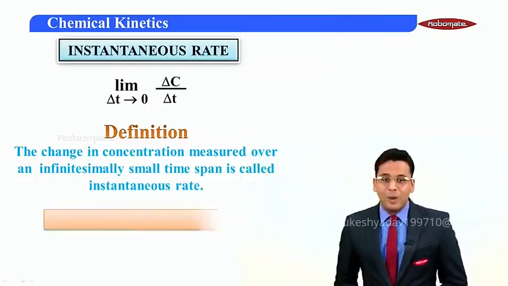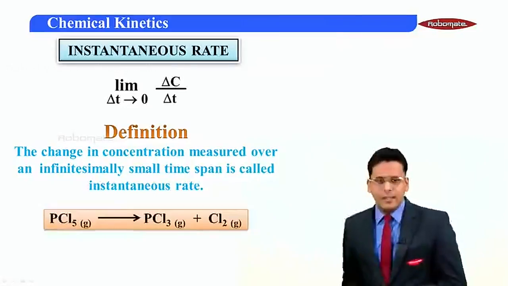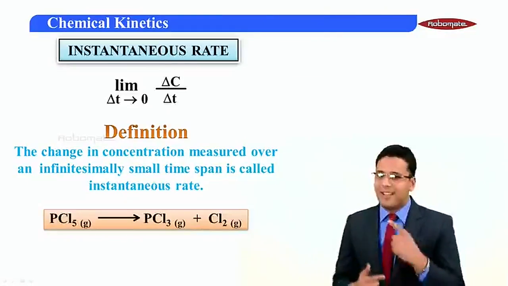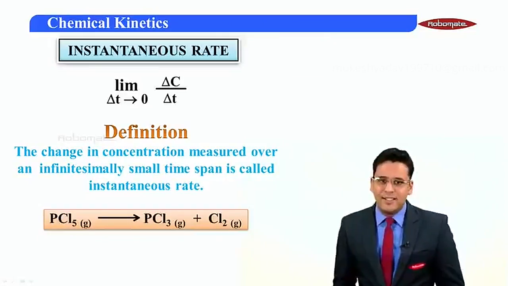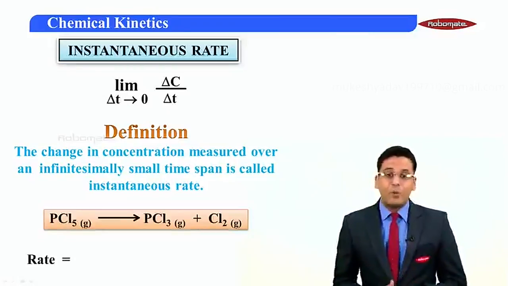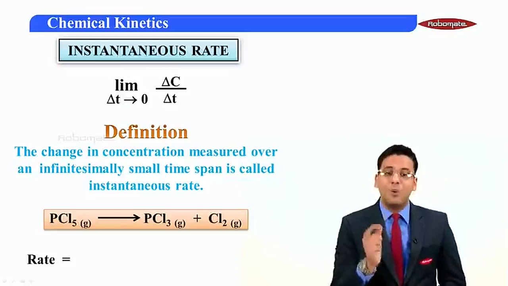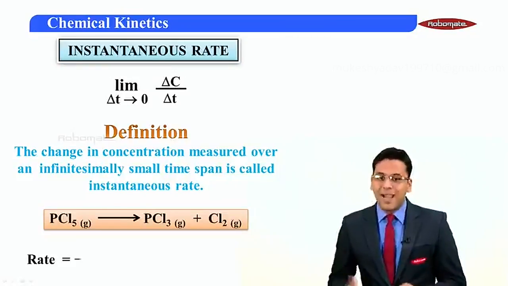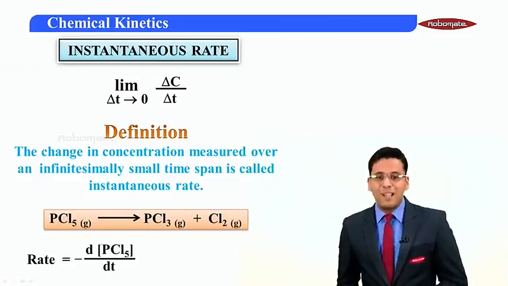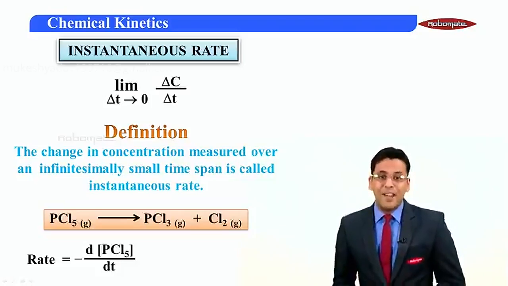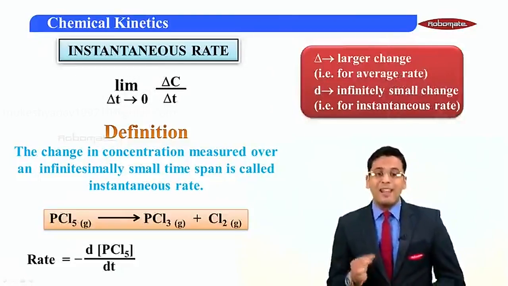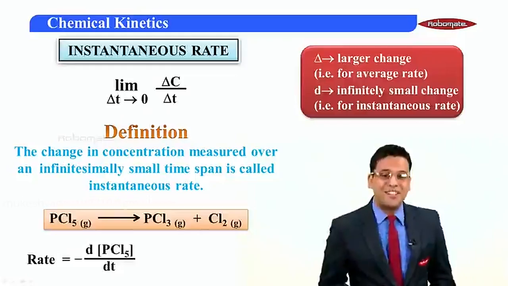In fact, if you are given a reaction like this one right here, PCl5 is giving you PCl3 and Cl2, your rate of reaction will have the same equation, just the interval will be very small. So it will be minus d[PCl5]/dt, where d represents an infinitesimally small change.